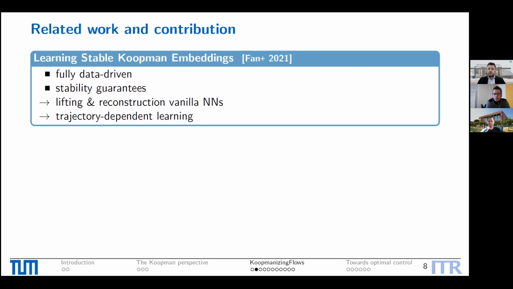And they offered formal stability guarantees. However, their representation is somewhat different to our problem setting. Their lifting and reconstruction are both vanilla neural networks, and their learning is trajectory dependent.